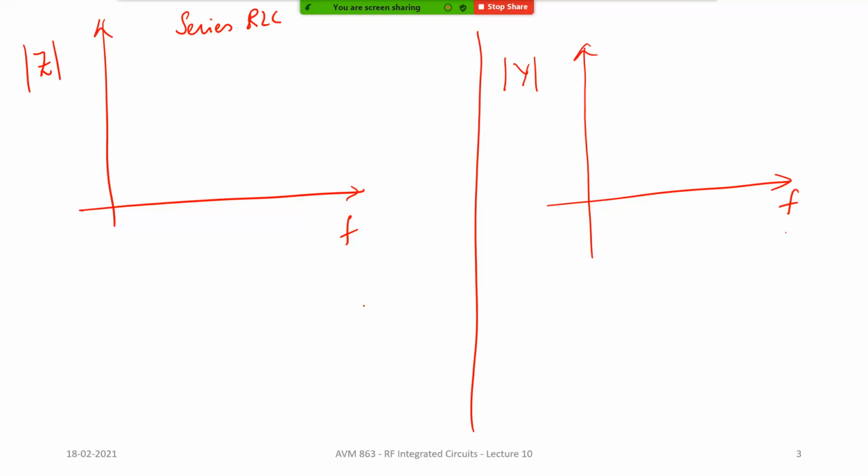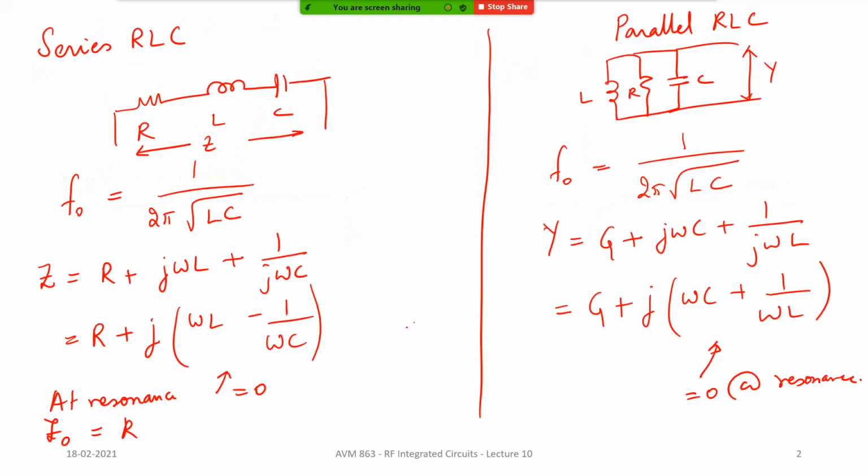Upward parabola. It will be an upward parabola, or rather, probably not a parabola, maybe a hyperbola. I don't know. It will be something like this. This is your F0, where Z becomes the minimum, Z0 equal to R. At other frequencies, what happens?